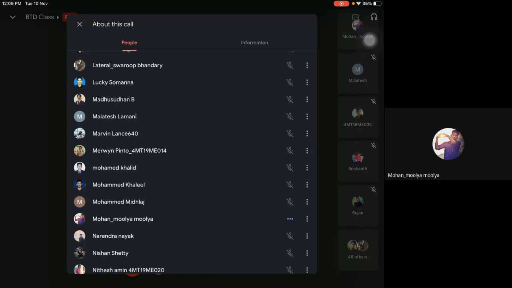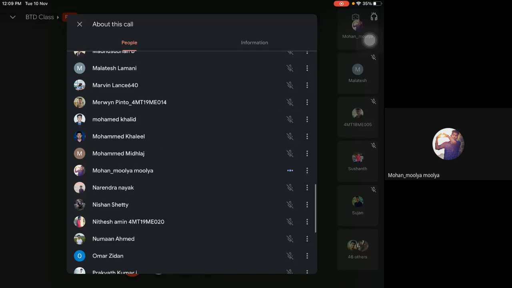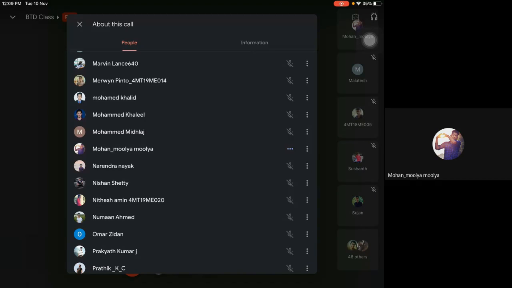What is the work done expression from 1 to 2, which is isobaric? W is equal to P into V2 minus V1. Excellent. Narendra Nayak. Yes, sir. Work done expression from 1 to 2, which is isochoric.